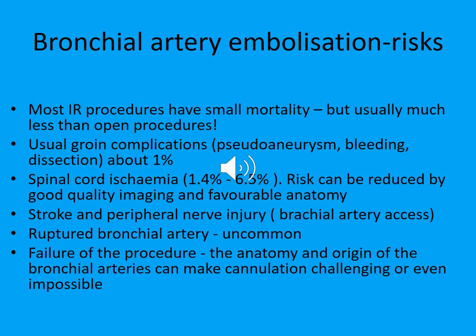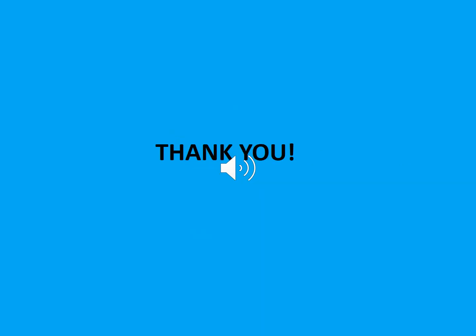Ruptured bronchial artery is an uncommon complication of the procedure. Obviously, there could be also failure of the procedure when the anatomy and origin of the bronchial arteries make cannulation challenging or even impossible. Thank you for your attention.